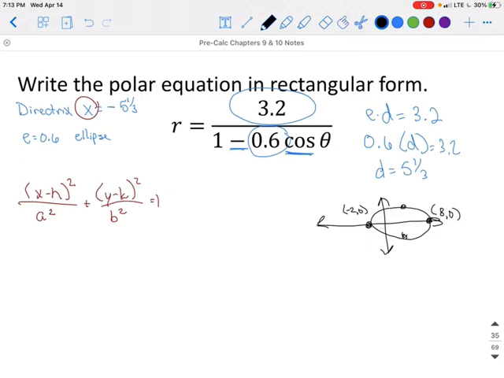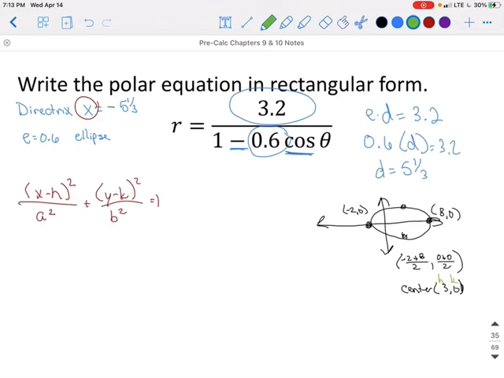So we can find the center first. Our center is going to be located at the midpoint of those, so -2 plus 8 over 2 and 0 plus 0 over 2, or our center is going to be located at 3 and 0, which are your h and your k.